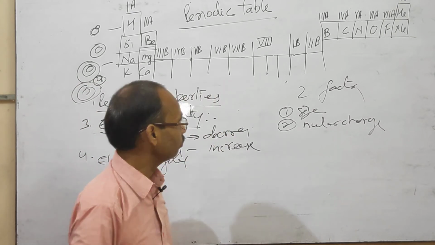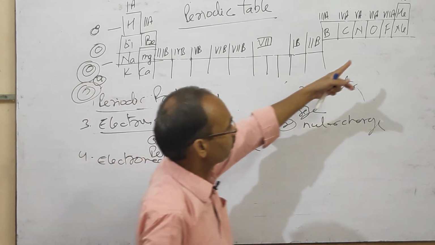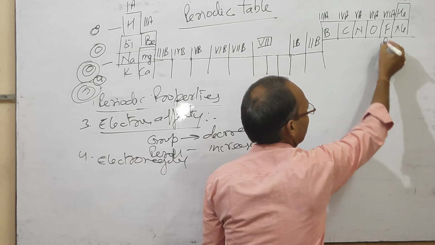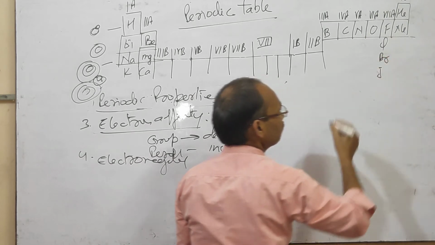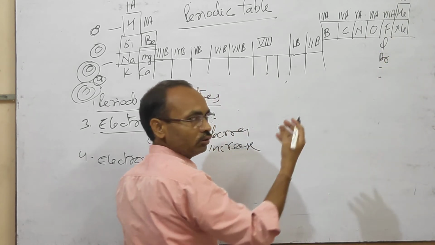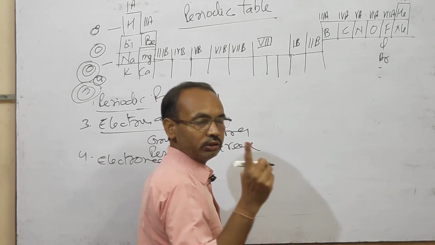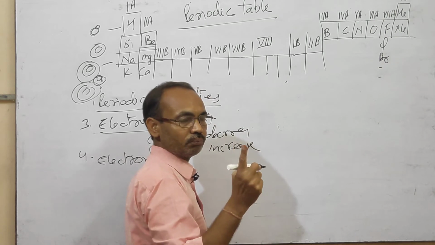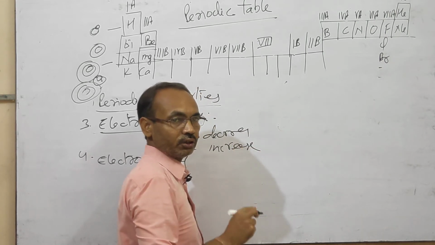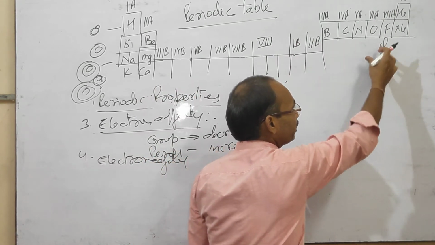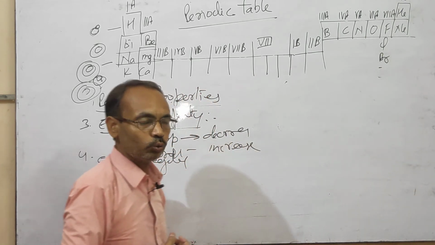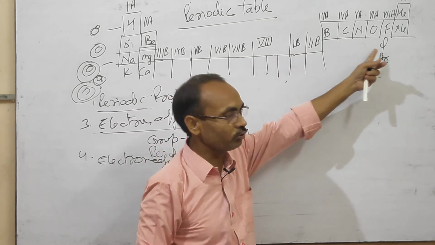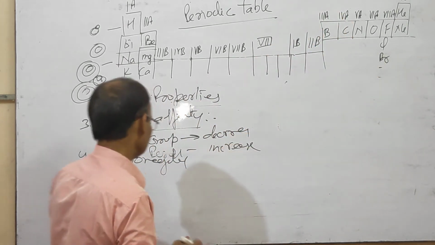You know that fluorine, chlorine, bromine, iodine need one electron in their valence shell, because they have only one electron less than the nearest inert gas configuration. So these have a great tendency to attract electrons toward themselves. So in the period, electronegativity increases from left to right.